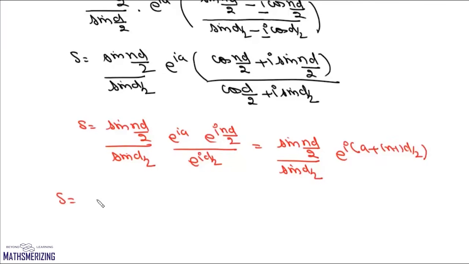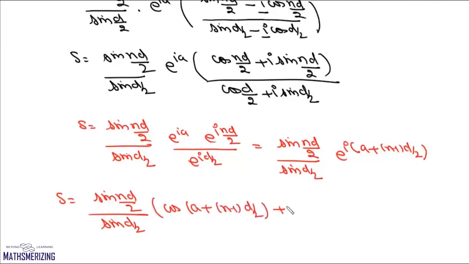So we can write this as sine n d by 2 upon sine d by 2, and this is cos of a plus n minus 1 d by 2 plus iota sine of a plus n minus 1 into d by 2.